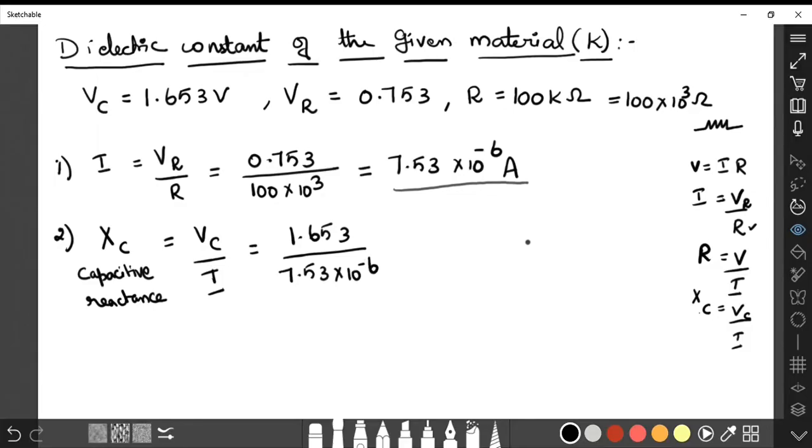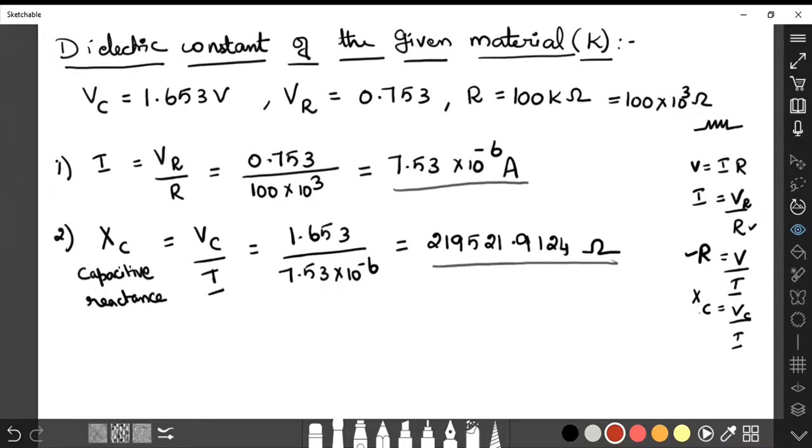By substituting these two values in the formula, we will get 219521.9124. So XC, the capacitive reactance, is equal to this much. Capacitive reactance is nothing but resistance, so its unit is ohm. This is the second result.